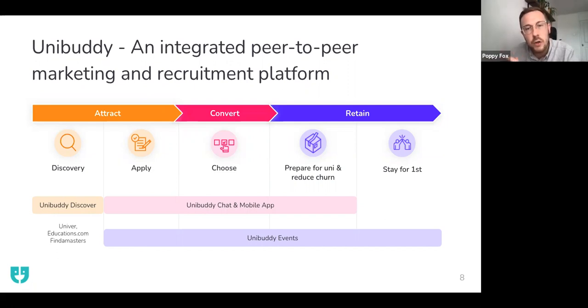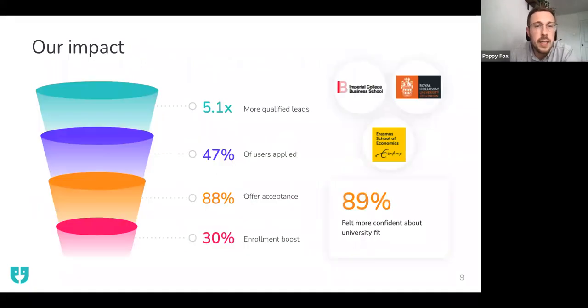And we support the conversion of new and existing leads to the point of application and enrollment by enabling universities to target these leads with personalized peer-to-peer support at the key decision points in the recruitment process. And what we're seeing is that by doing this, you will have a profound impact at these various stages in the recruitment process.